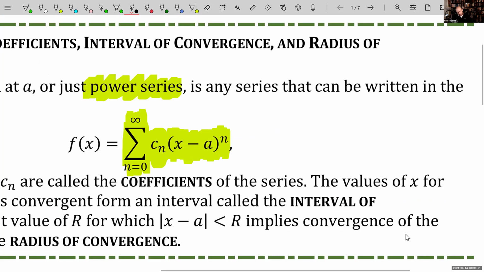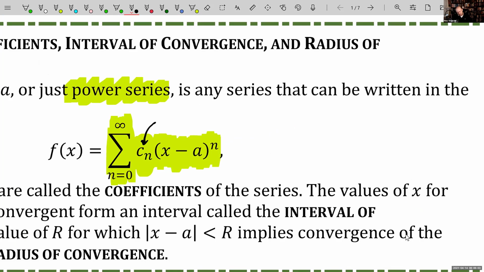c sub n, these are just coefficients. They're constants. It's just that you don't know what the constants are, so we call them c0 and c1 and c2 and c3.